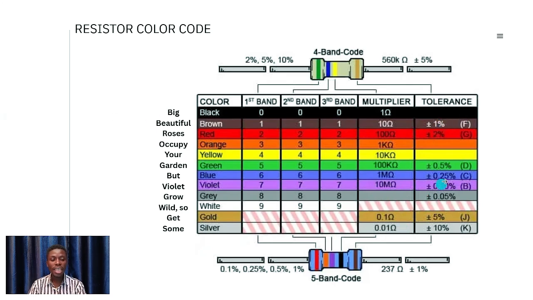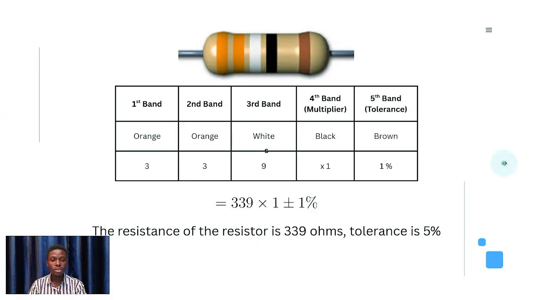Compare it to the last 5%. So let's assume for 1%, 1% of 339 should be 3.3. So that means you expect that the resistance of this resistor should fall between 336 point something and 341 point something.